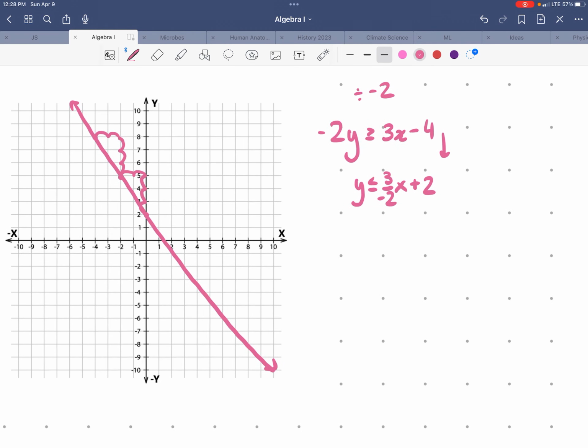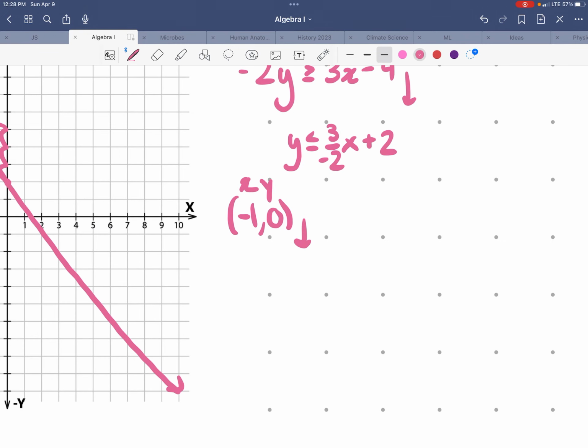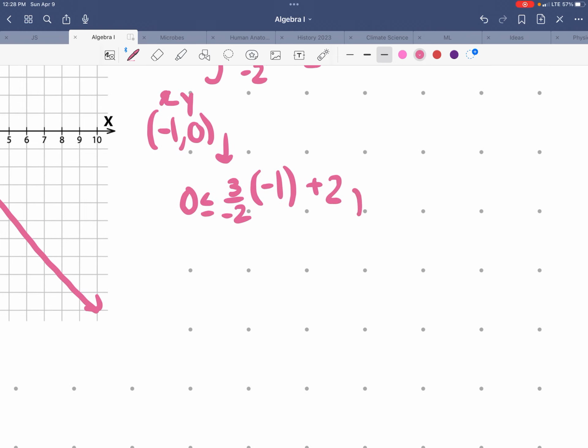Now to decide what side of the line to shade on, we can pick a point. I will use negative 1 comma 0, this being x, this being y. If we plug this in, we get 0 is less than or equal to 3 over negative 2 times negative 1 plus 2.